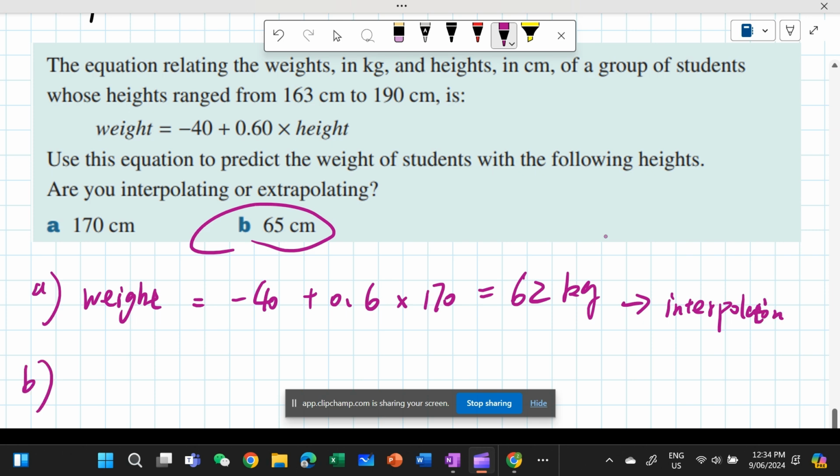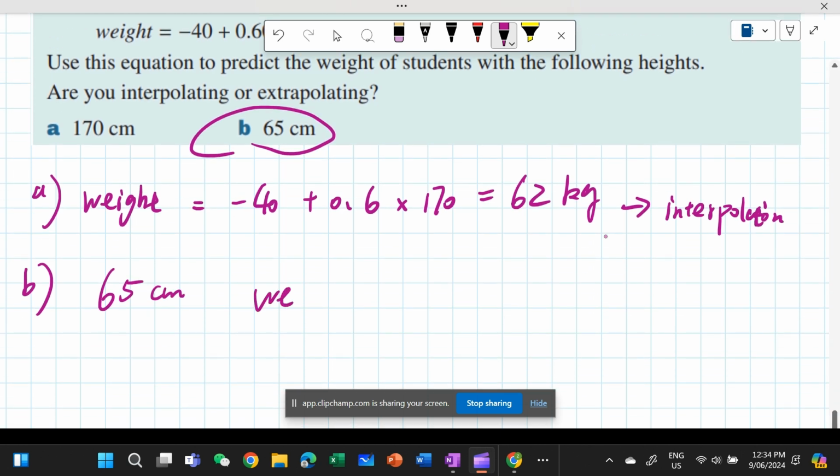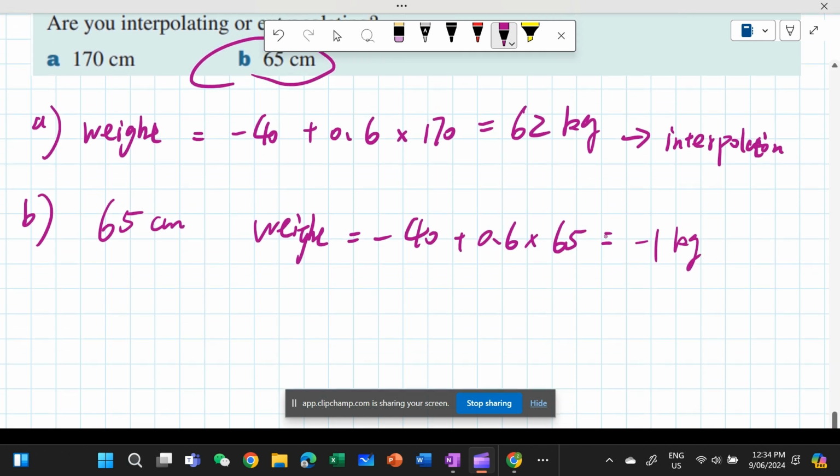Okay, for B, 65 centimeters. The weight equals -40 plus 0.6 times 65, which equals -1 kilograms, which is not possible.